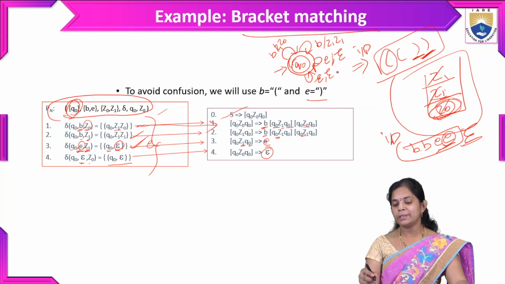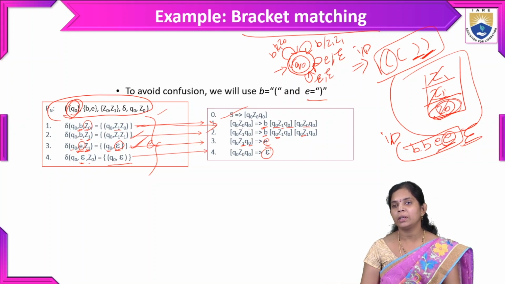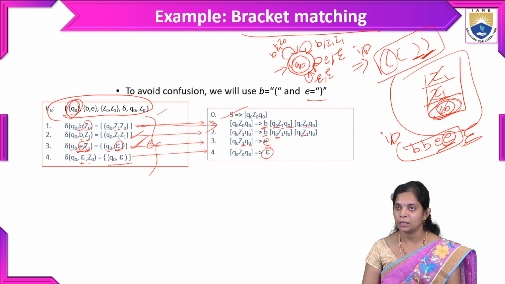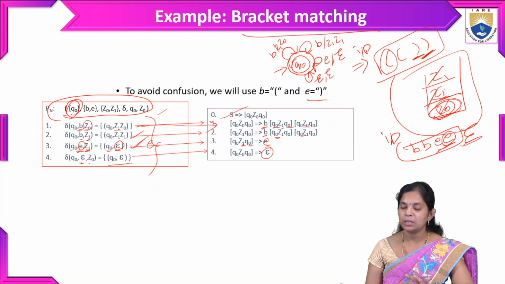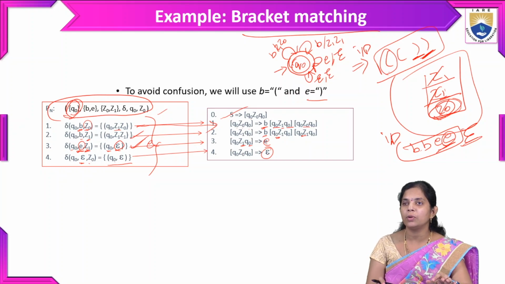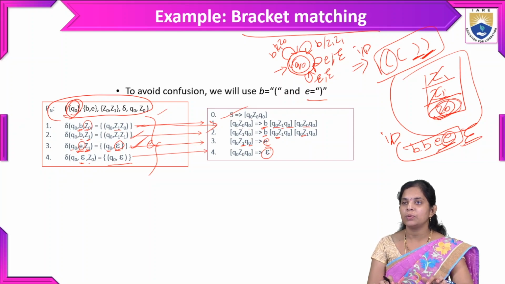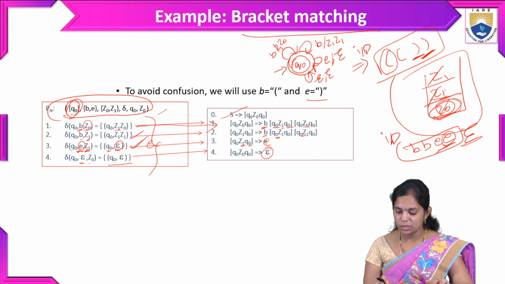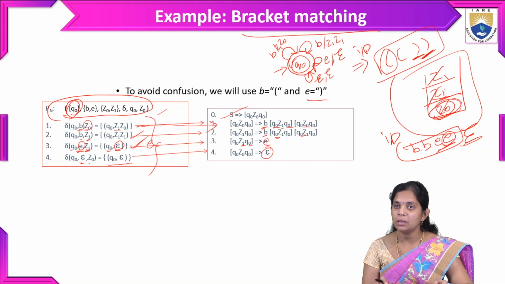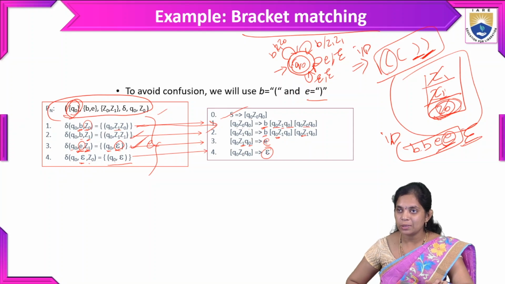So this is the transition diagram that we observed for bracket matching, and we already constructed the production rules. Based on the transitions, how are we going to construct them? Based on the current and next state values, we are going to construct the transition production rules. Now we need to simplify this.